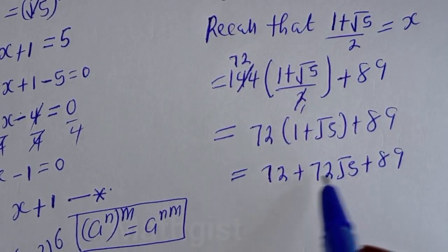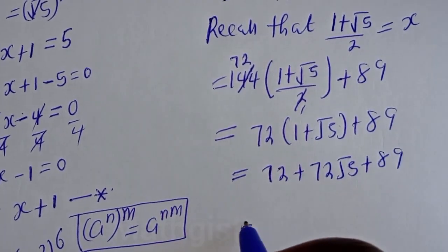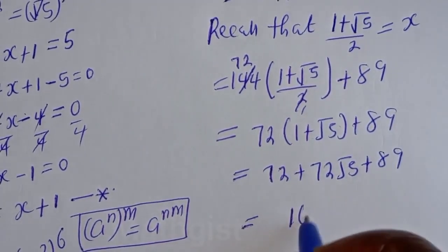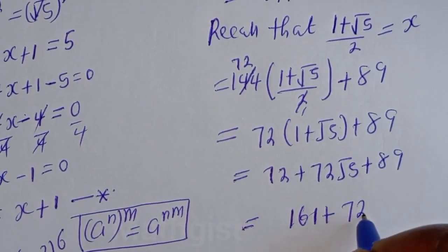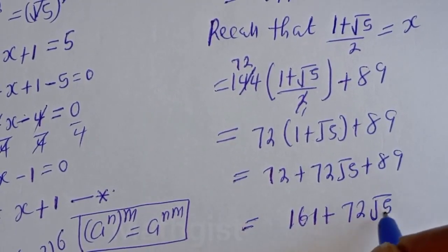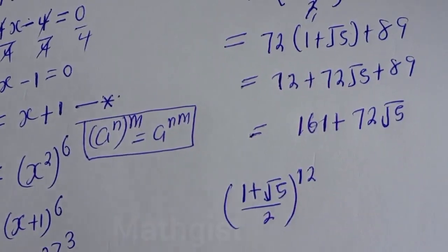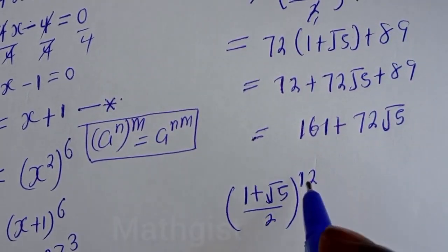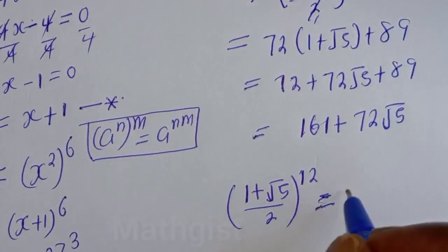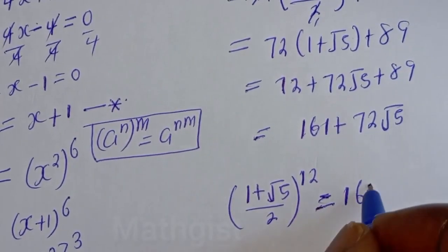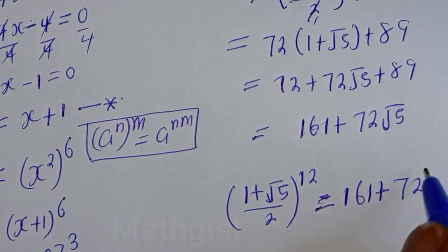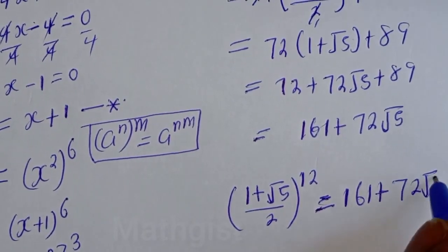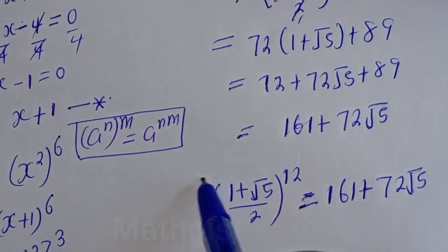Then 72 plus 89 is equal to 161, plus 72 root 5. Therefore, (1 + √5)/2 to the power of 12 is equal to 161 plus 72 root 5. This is the final answer.